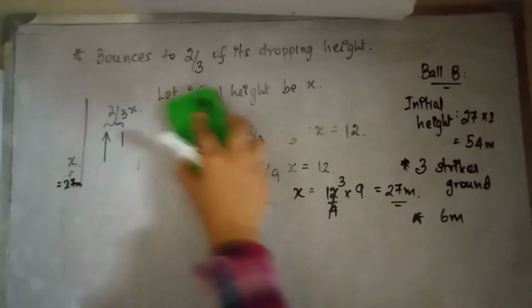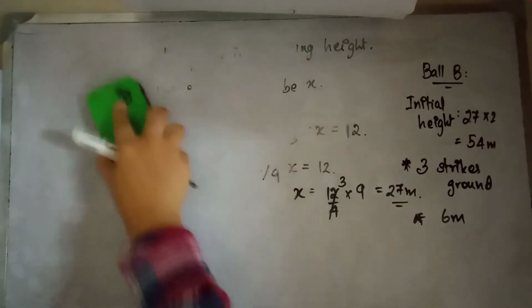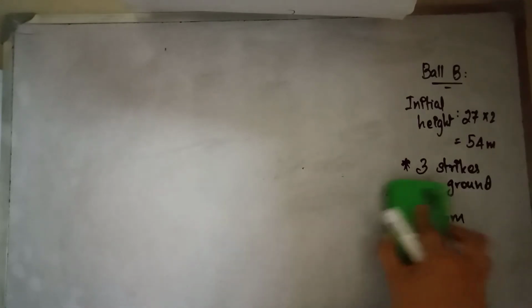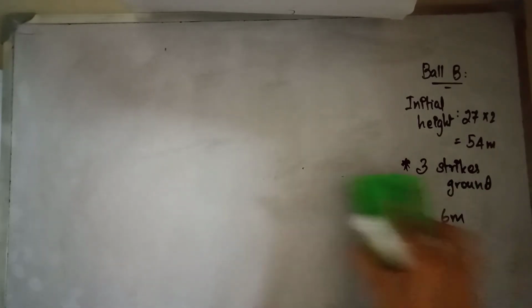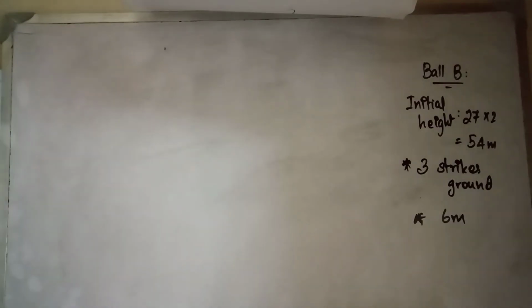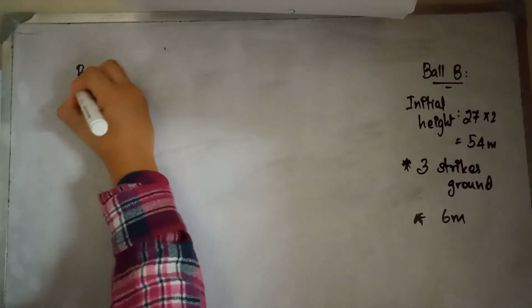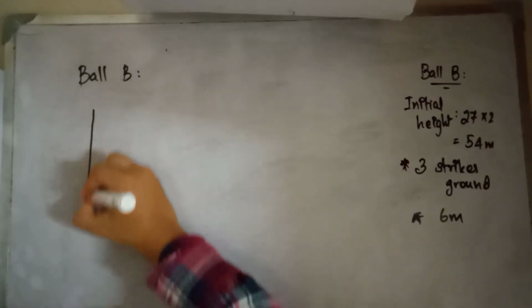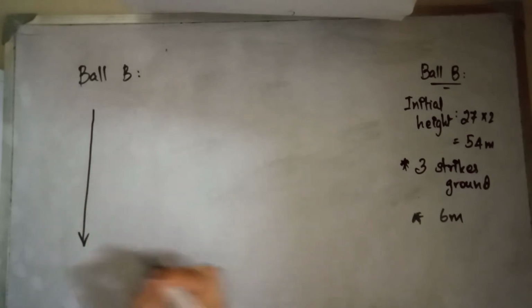Now let's erase this off and let's draw the diagram for this. Okay, so let's draw the diagram. The diagram for ball B would be the initial height at which it was dropped.